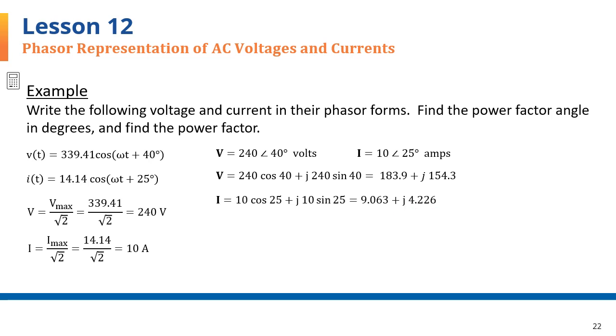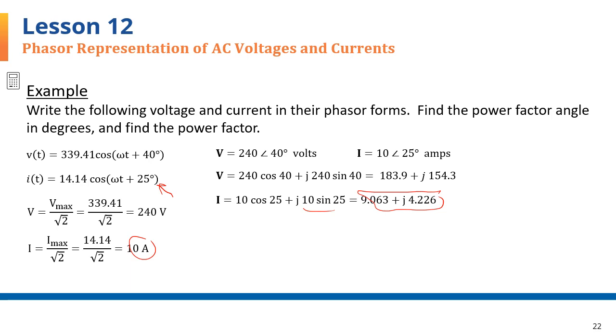And similarly for the current phasor, we have 10 times cosine of 25 plus j 10 times sine of 25. And this is the Cartesian form of the current phasor, 9.063 amps plus j 4.226 amps.